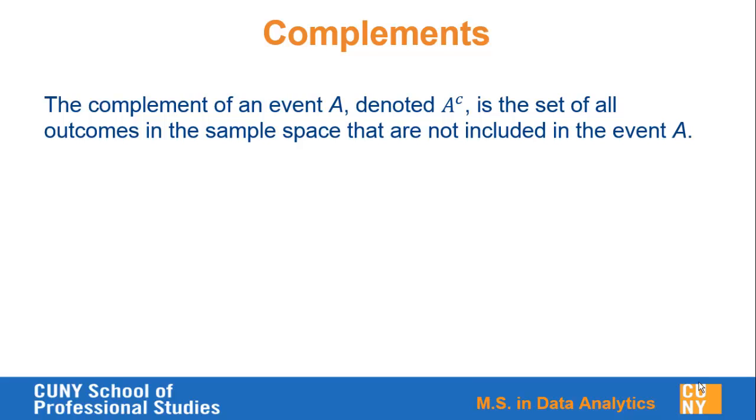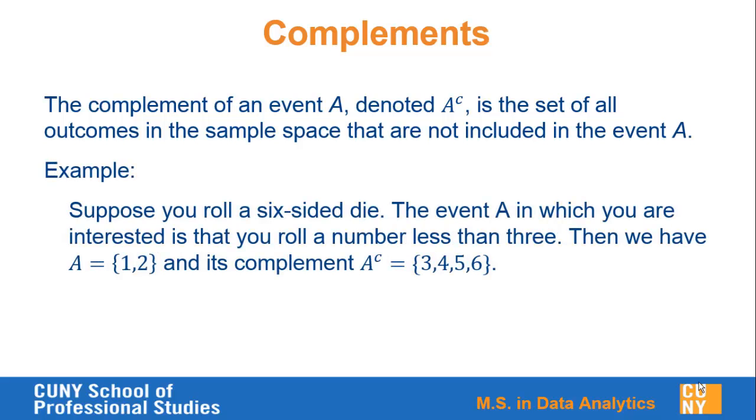A complement of an event A is just a list of all of the outcomes not included in A. So, for example, if you roll that six-sided die and the event we're interested in A is you roll less than 3, that would include 1 and 2. So the complement then would include all of the other outcomes, 3, 4, 5, and 6.